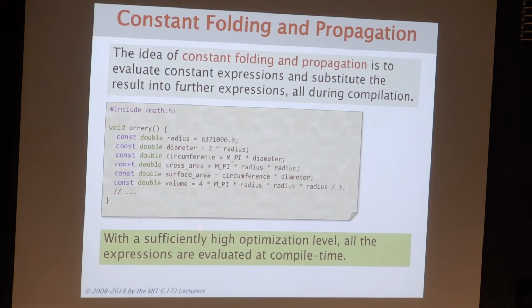Now the diameter is just twice this radius. The circumference is just pi times the diameter. Cross area is pi times the radius squared. Surface area is circumference times the diameter. And finally, volume is 4 times pi times the radius cubed divided by 3. So you can actually evaluate all of these to constants at compile time.